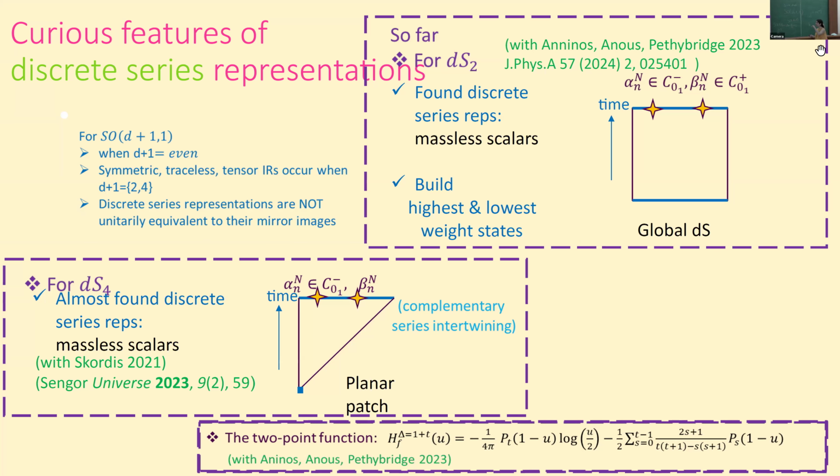The positive values of n are one tower that goes all the way up. The negative values are another tower that goes all the way down. And here you do see a particular highest and a particular lowest weight state.